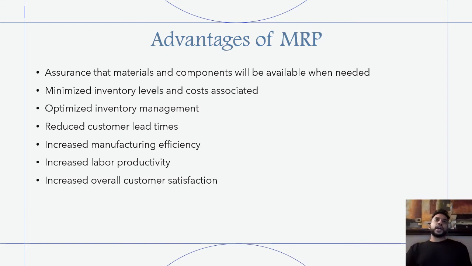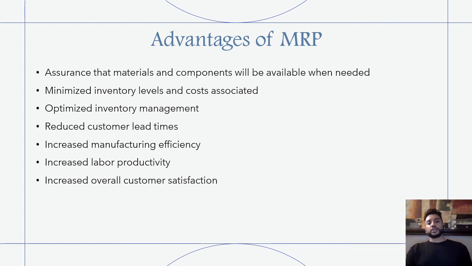If the plant ever shut down, it cost our company $100,000 in revenue every day. If you don't have components and parts available when needed, it could shut down the plant, because what are you going to manufacture if you don't have the material? So this assures that materials and components will be available when needed.